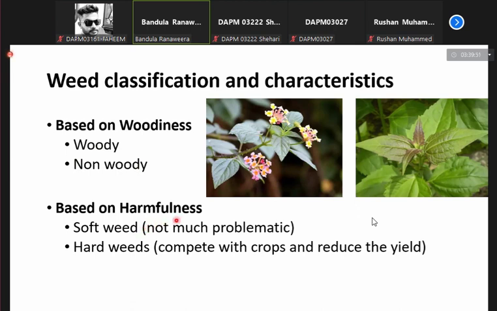Then regarding the harm caused by the weeds, we can classify them into two categories: soft weeds and hard weeds. Now here the softness does not mean the sense we have on our hand. Soft weeds means their action is soft; they are not much problematic.